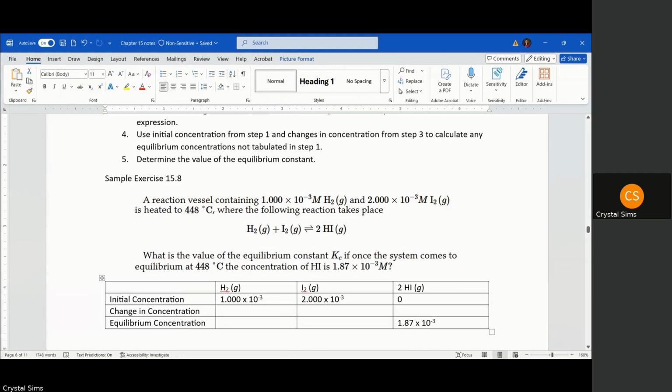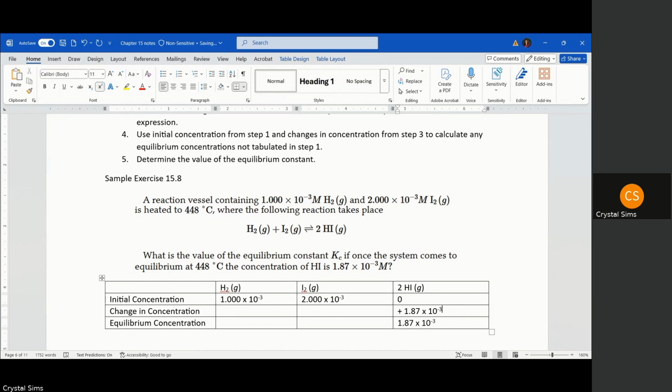Looking at this change here, if I have a concentration of 1.87 times 10 to the negative 3 at equilibrium, and my initial concentration is 0, then I can say that my concentration has increased by 1.87 times 10 to the negative 3, right? I just say 1.87 times 10 to the negative 3 minus 0, and that gives me the exact same, that gives me the change in concentration.